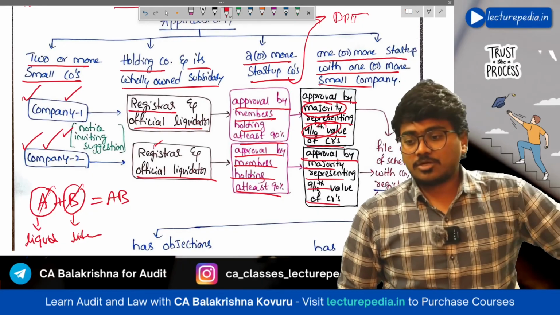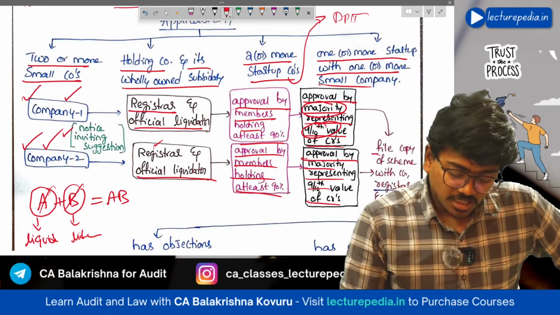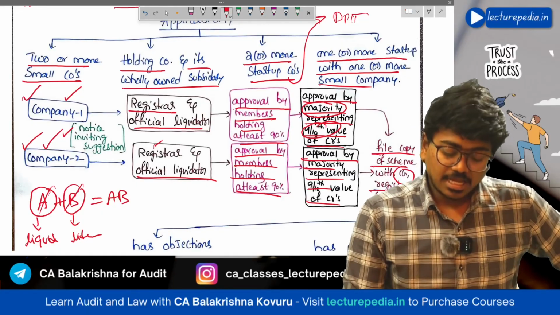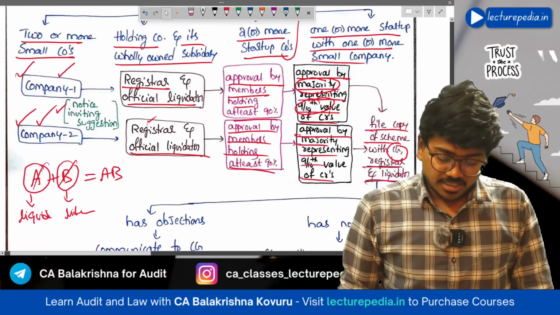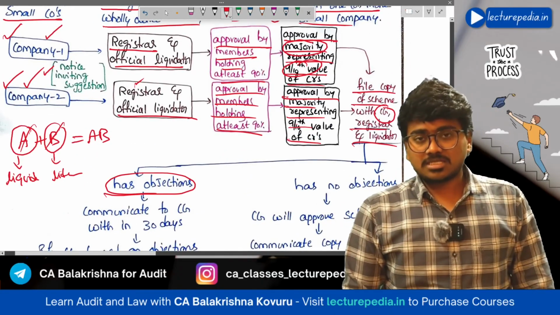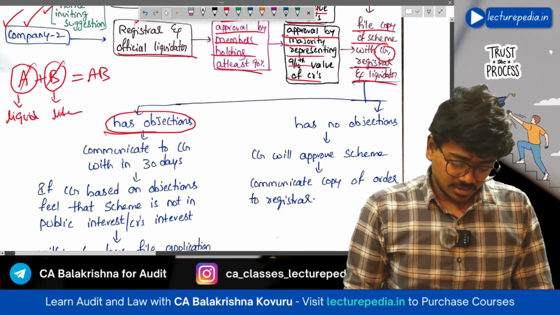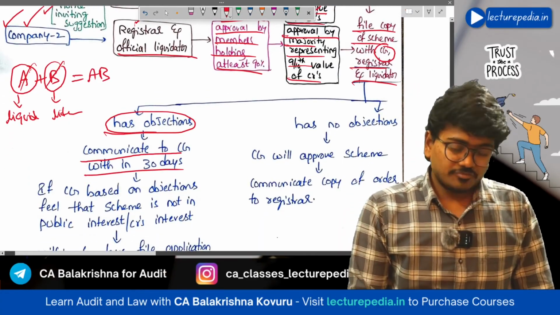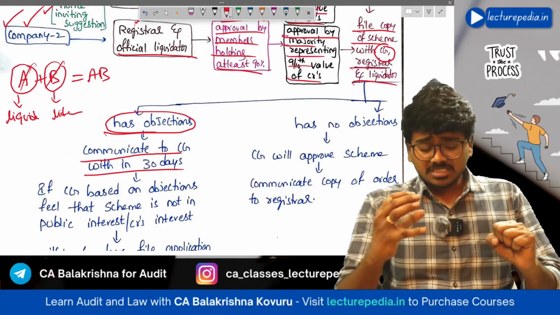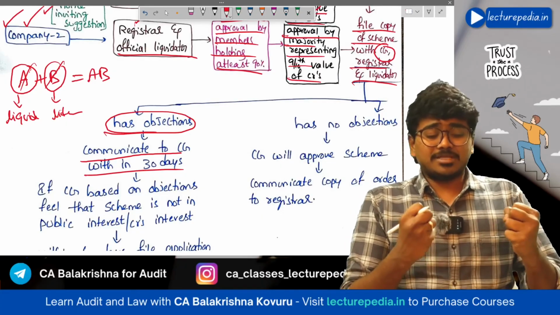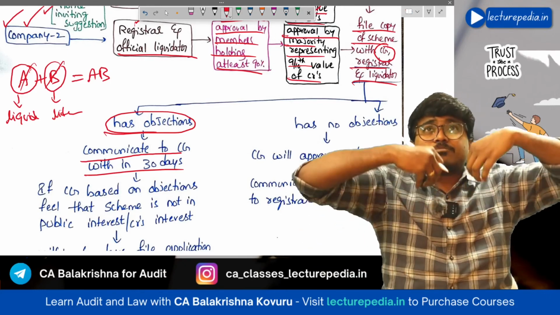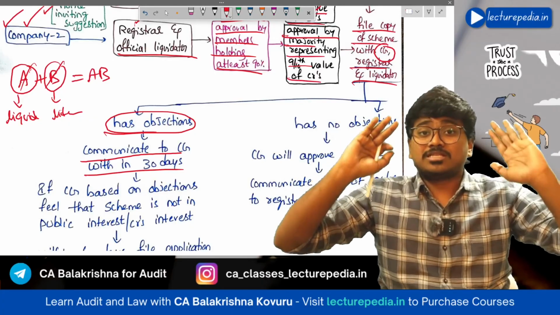After the required approval, you have to file a copy of the scheme with the central government, registrar and the liquidator. Now, if the registrar or liquidator has any objections to the scheme, they must communicate to the central government within 30 days. Registrar and the official liquidator, if they have any objections to the scheme, have to communicate those objections to the central government within how many days?